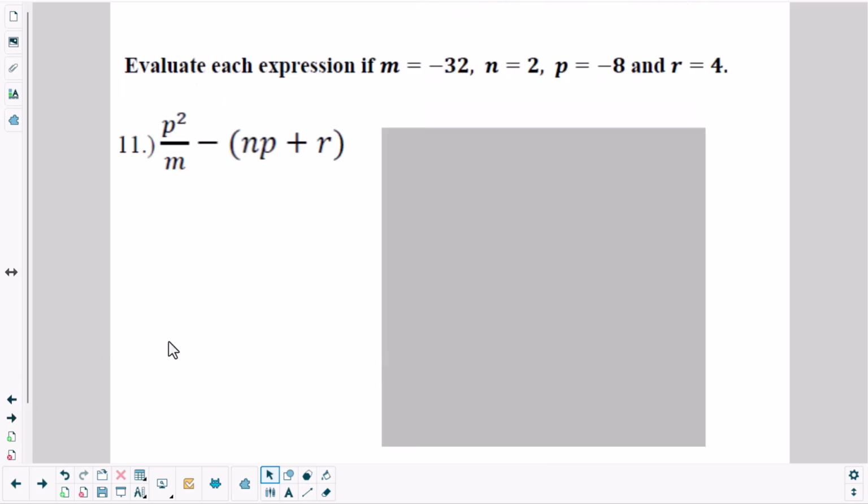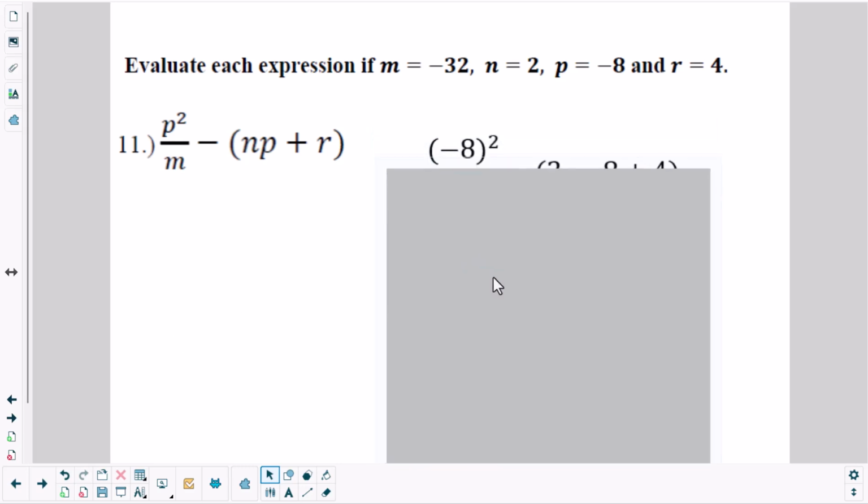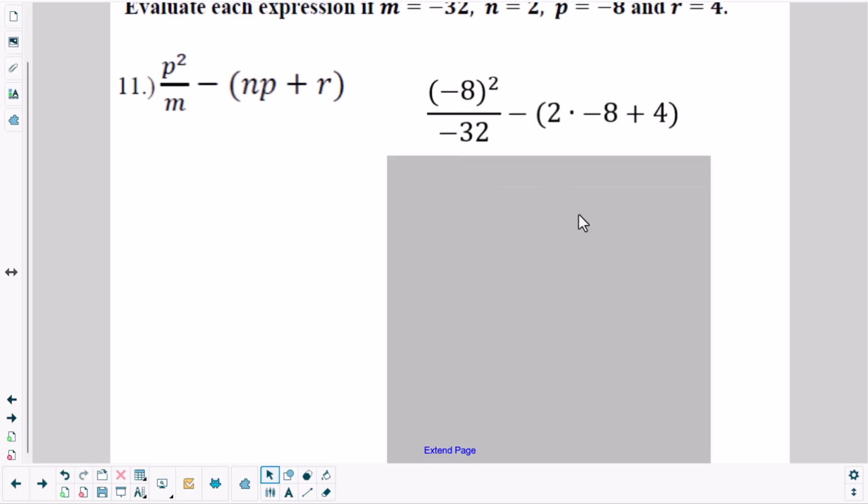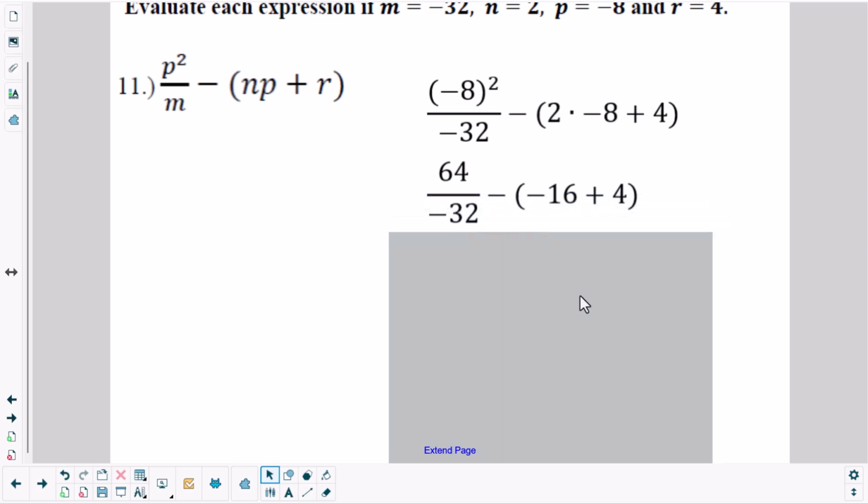All right, number 11. P squared over M. P is negative 8, so put that negative 8 in parentheses. Negative 8 squared over M, which is negative 32, minus, in parentheses, NP, which is 2 times negative 8, plus R, which is 4. Negative 8 squared is negative 8 times negative 8, which is positive 64.